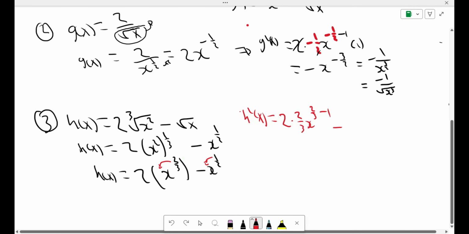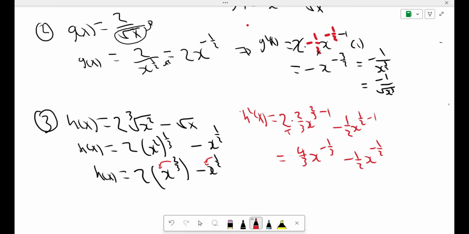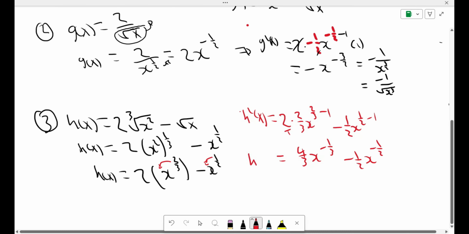Now we drop that half, x to the half, from that half we subtract 1, then we'll have 4 over 3 x to the negative 1/3 minus 1/2 x to the negative 1/2. Is this correct? Let me check. 2 over 3 minus 1 is negative 1/3, yes. So this will be our h prime of x, guys.